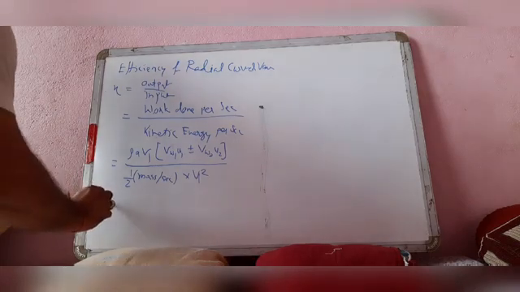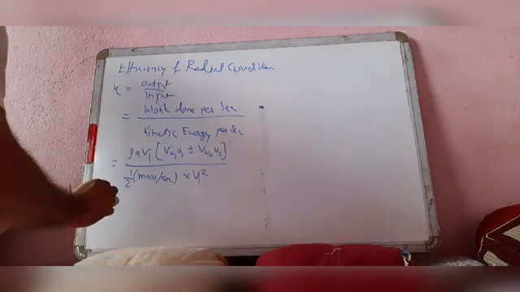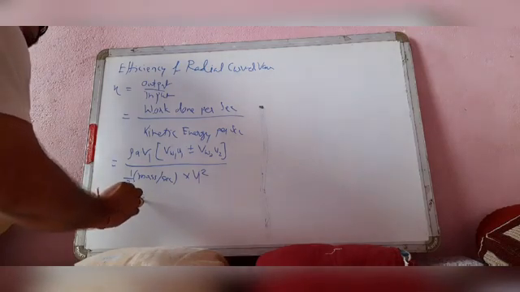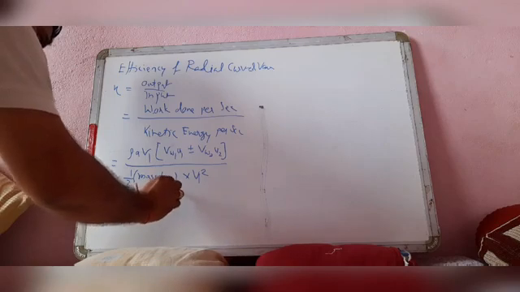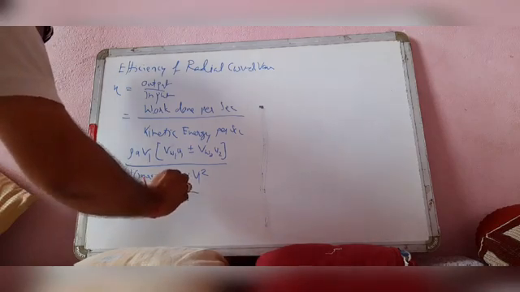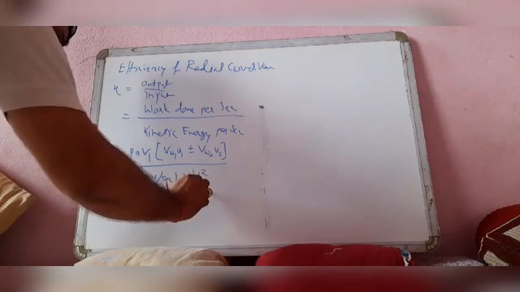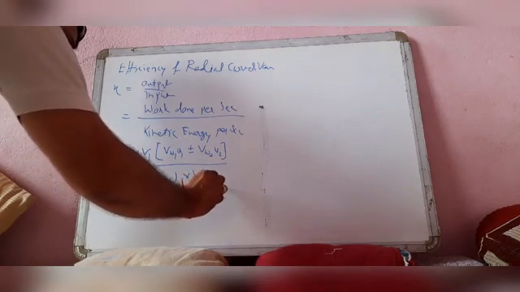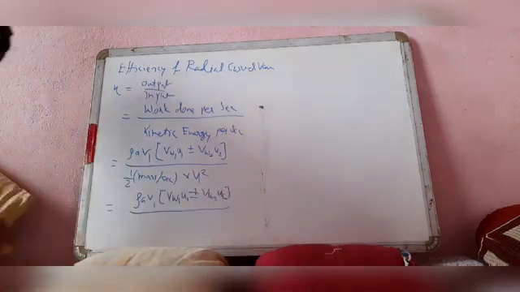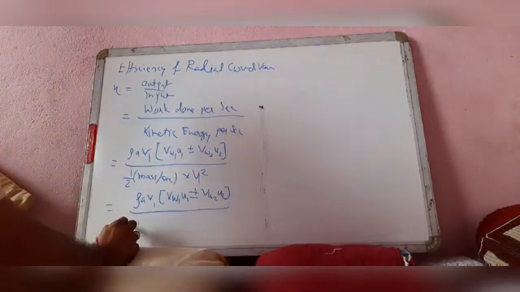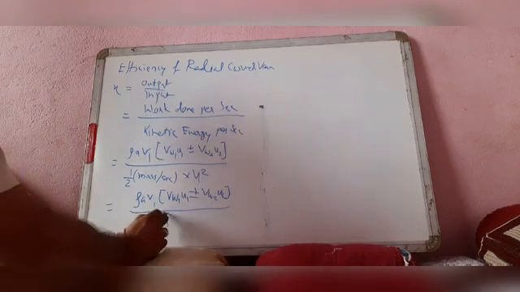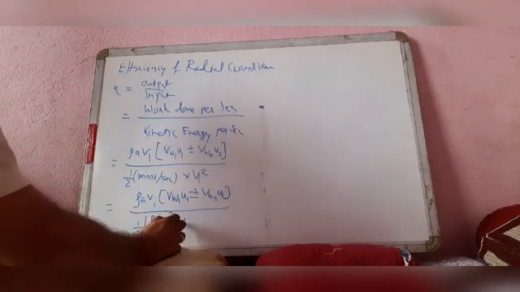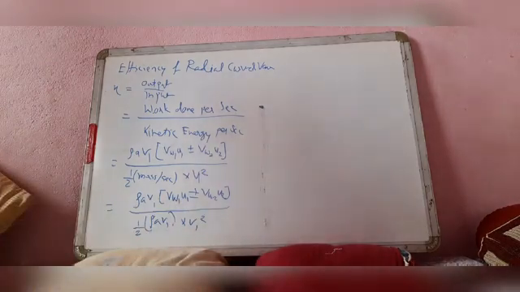Now rho A V1 (V W1 U1 plus or minus V W2 U2) is divided by half mass per second, which is rho A V1, and V1 square.